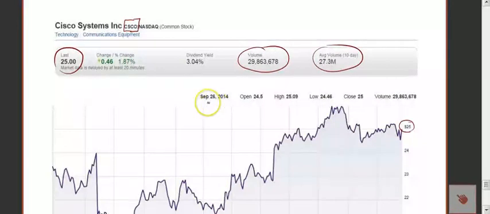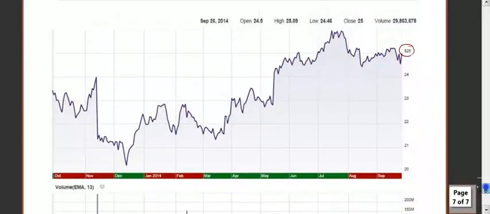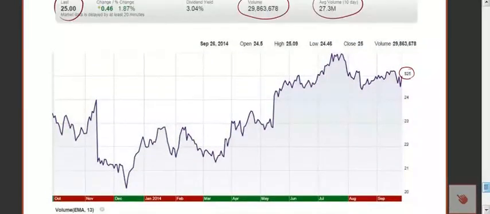So I looked at September 26th, 2014, is this? Okay, I printed this on September 26th, pardon me. It's been a minute since I did this. And what this does is it gives you a yearly snapshot from October 2013 to September 2014, a snapshot of how that particular stock behaved over a 1-year period.